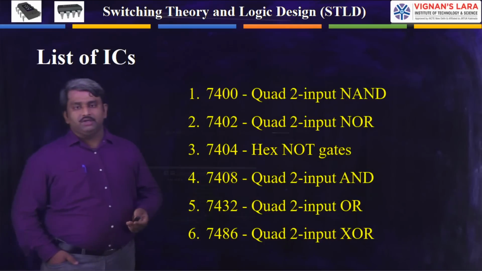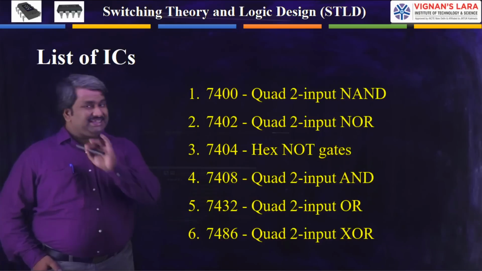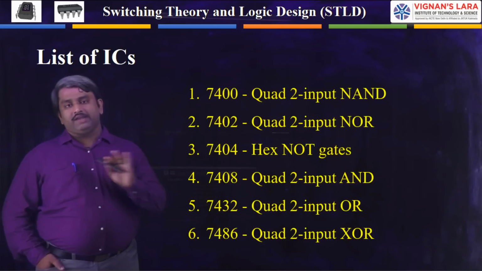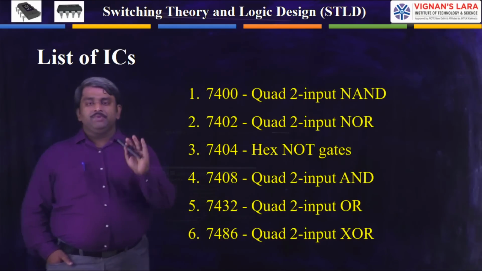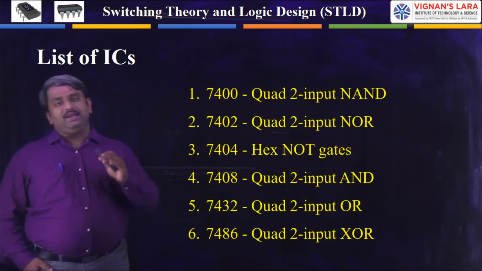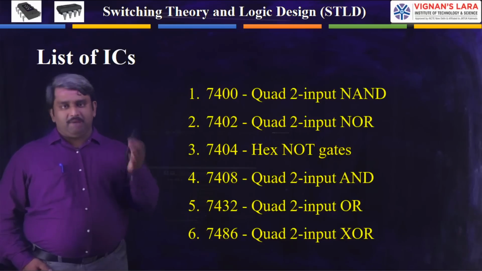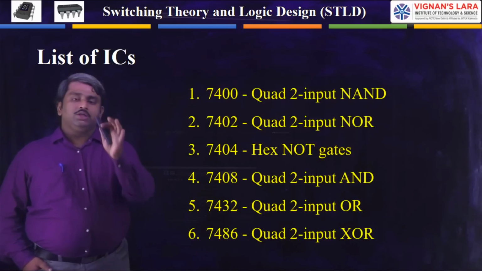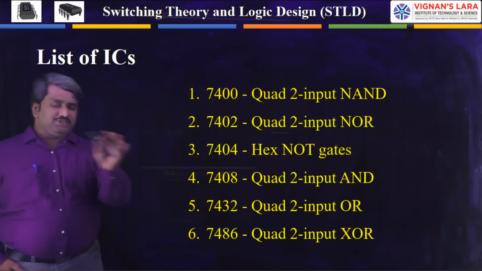Generally, the integrated circuit specification or pin representation is the same for all companies. IC7400 is a quad 2-input NAND gate. Any company, private or government, can manufacture this IC, but they have to follow some minimum rules, like certain specifications.